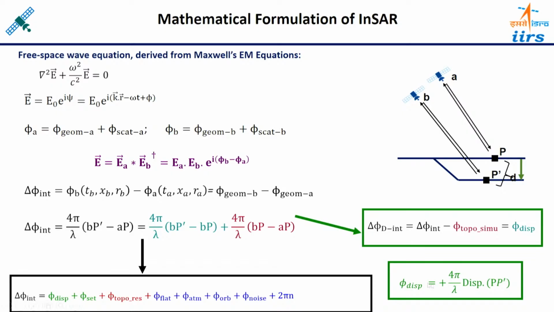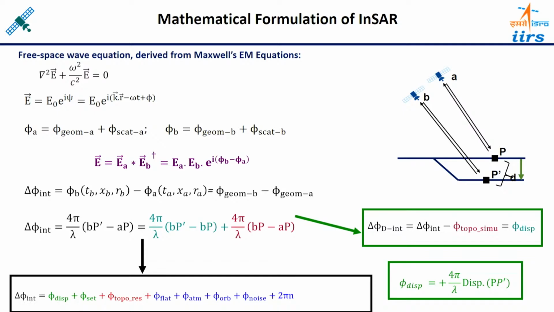Another application may be atmospheric modeling, meaning how much the signal is getting delayed in the atmosphere. For atmospheric applications this particular term is important; in that case your interest is here. You want to calculate the contribution of the phi ATM very precisely from the interferometry, and in that case the other components are unwanted and you have to remove them one by one.